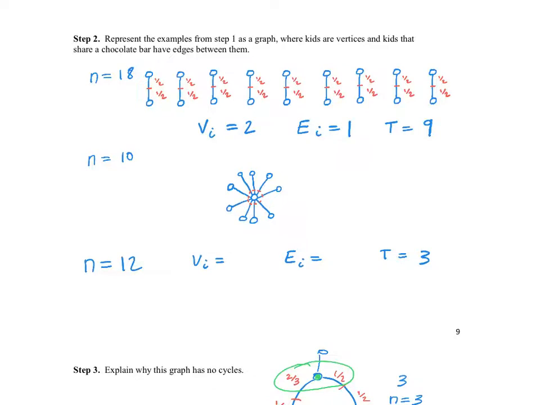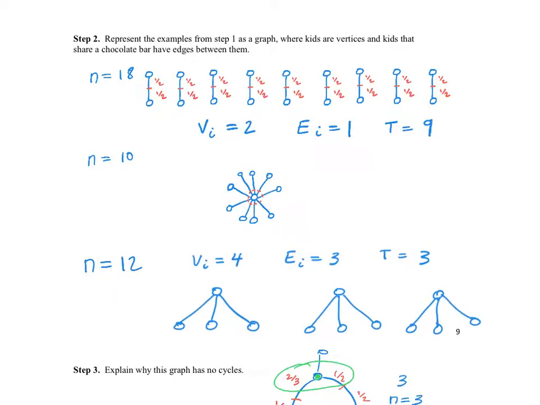For e sub I, there were 3 edges on each of those trees, and there's always one more vertex on each of the trees than the number of edges. So that gives us a helping hand. We're drawing out a graph that has 3 edges and 4 vertices, and we're making a tree out of that. And there are 3 such trees.